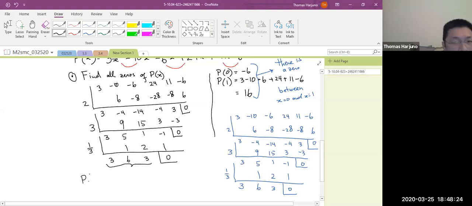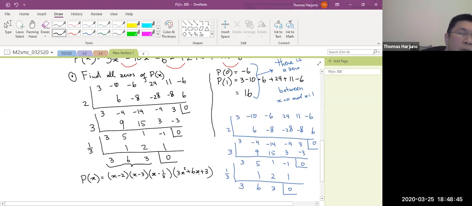So we can now update my polynomial to be x minus 2 times x minus 3 times x minus 1/3 times 3x squared plus 6x plus 3. Is it right? Okay. Now, by the way, even if I did not notice this intermediate value theorem here, you are actually still fine.